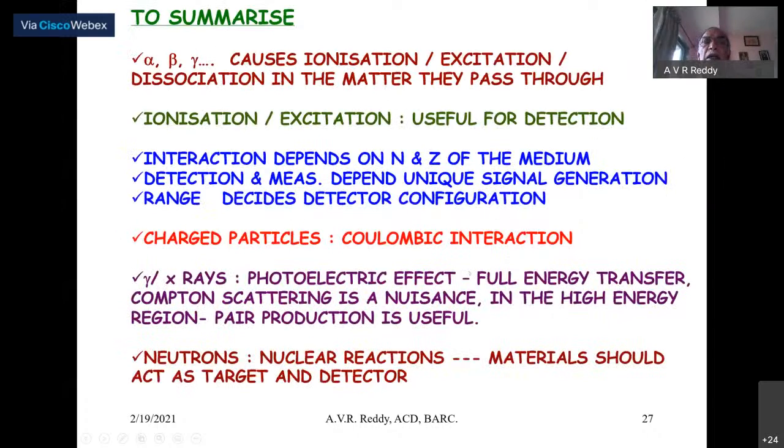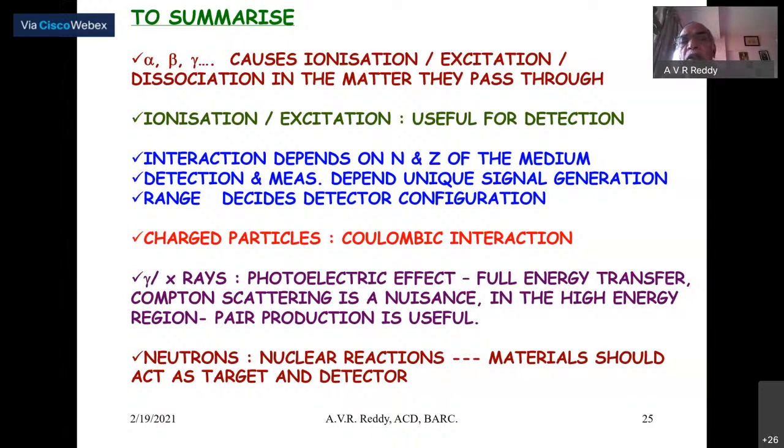today's lecture. And if you recollect, or if you have opened your PowerPoint presentation or your notes, we have discussed that alpha, beta, gamma radiations are called ionizing radiations because they cause ionization and excitation while going through the matter.